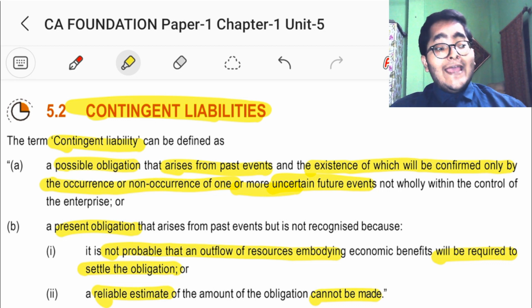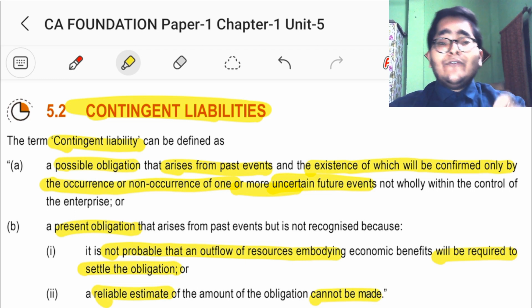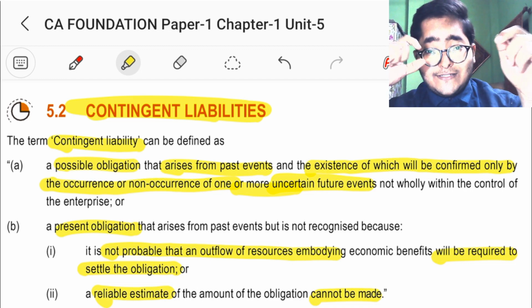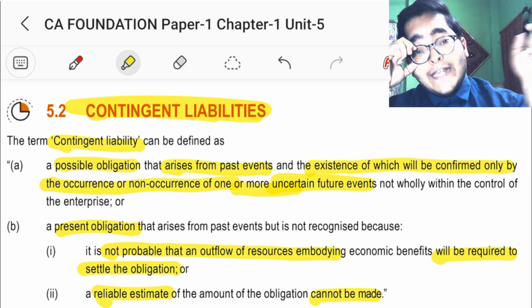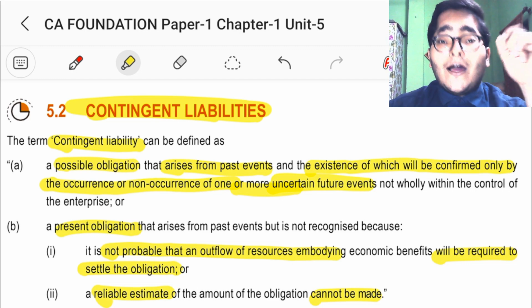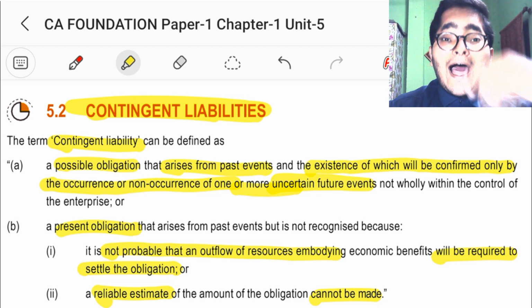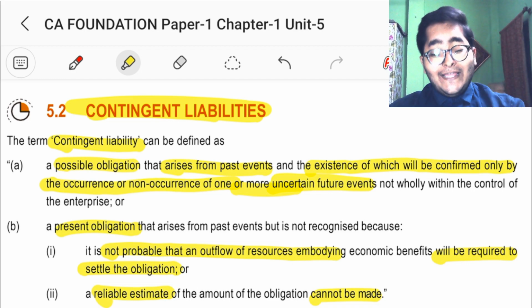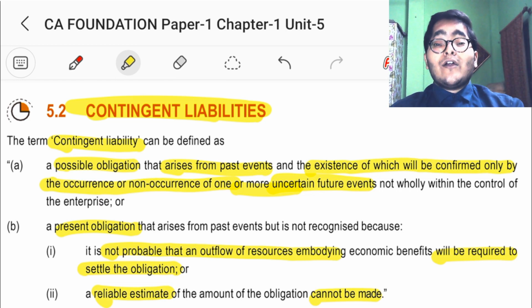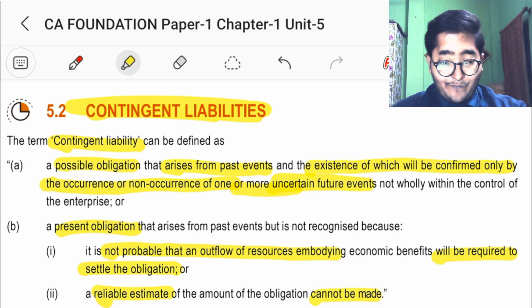Contingent liability is that possible obligation which arises due to a past event but whose occurrence or non-occurrence depends on the occurrence of one or more future uncertain events. I repeat, contingent liability is the possible obligation, the existence of which depends on the occurrence or non-occurrence of one or more uncertain future events.